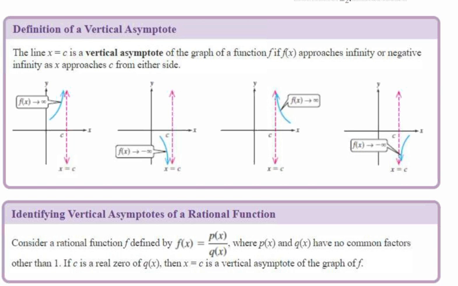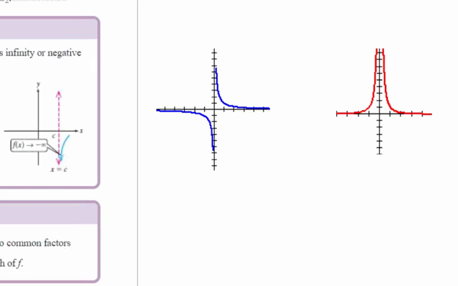In this video, we're going to be talking about the definition of vertical and horizontal asymptotes. So let's begin by first looking at a couple graphs. We're going to look at the graph of f of x equals 1 over x and g of x equals 1 over x squared.